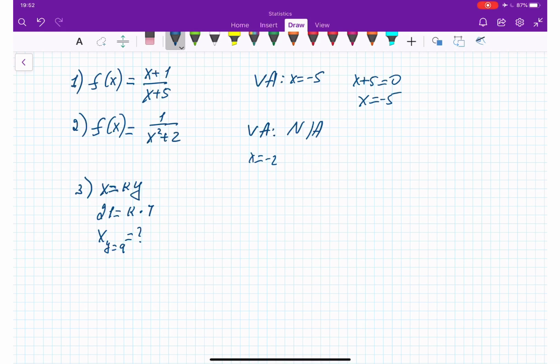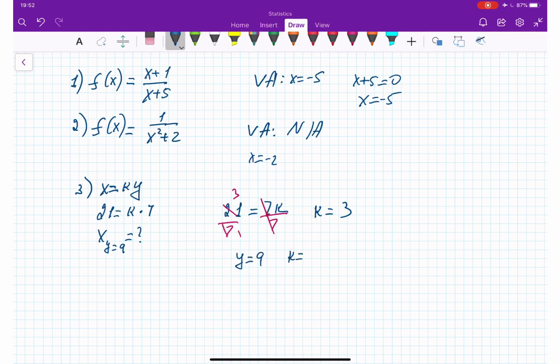So we need to find k first, right? Let me write down 21 is equal to 7k. We need to divide by 7, so this will be 3. So k is equal to 3. And y is equal to 9, right?